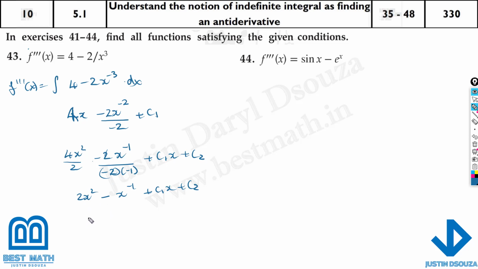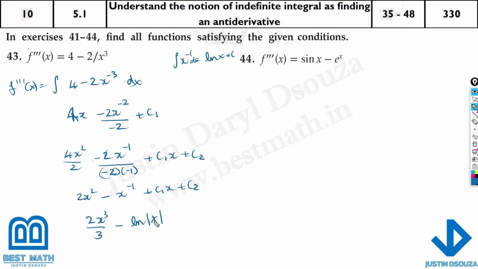Now let's integrate it once again. It's going to be 2x power 3 by 3 minus. Now what is the integral of x raised to minus 1? Don't think it's 0, because dividing by 0 is not possible, right? It's natural logarithm x, isn't it? This is the rule. Remember, integration of x power minus 1 is ln x plus c.